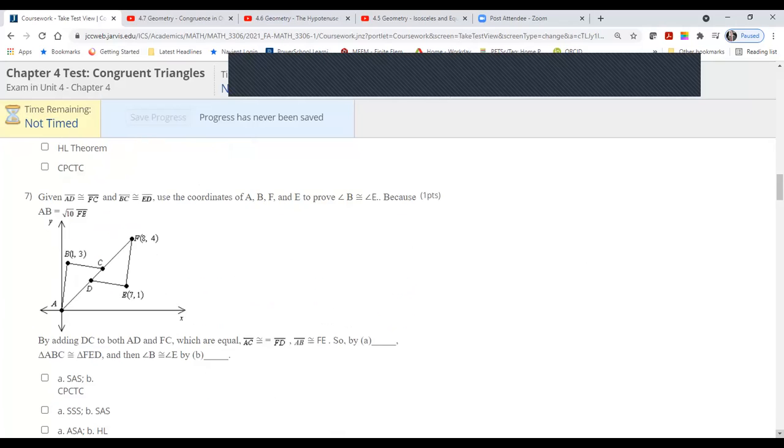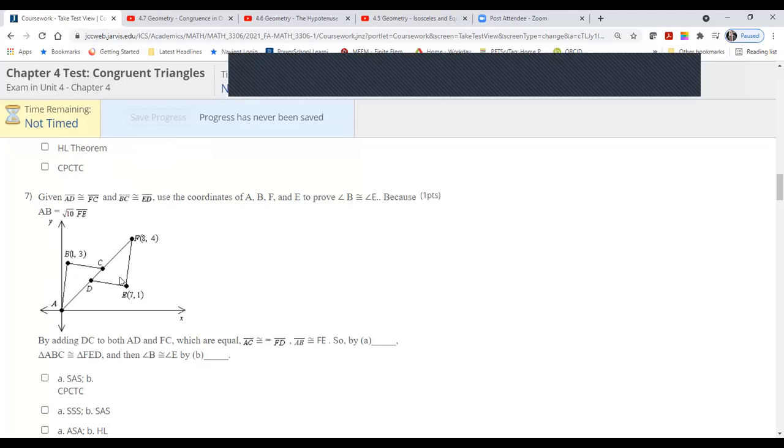And the next one is given AD equivalent with FC, okay?